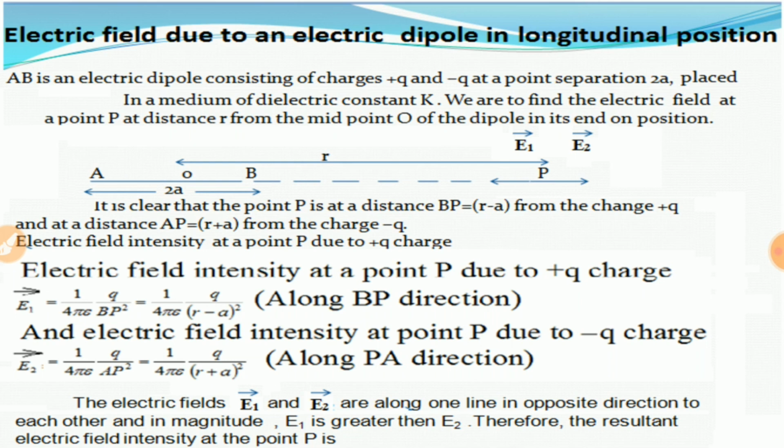Here AB is the dipole, the distance between the charges is 2a, and we have to calculate the electric field at point P due to this dipole.